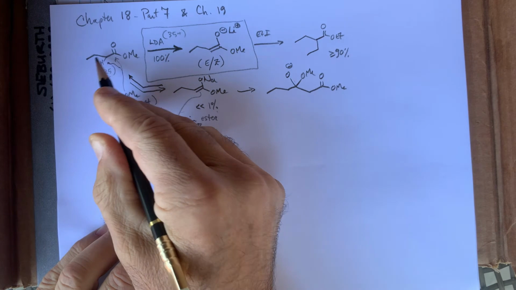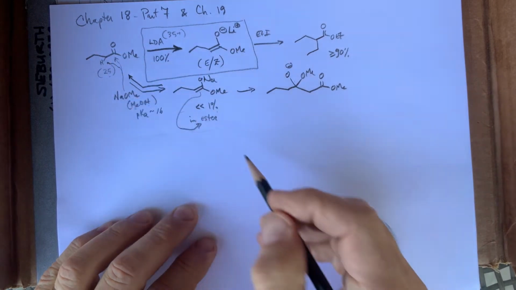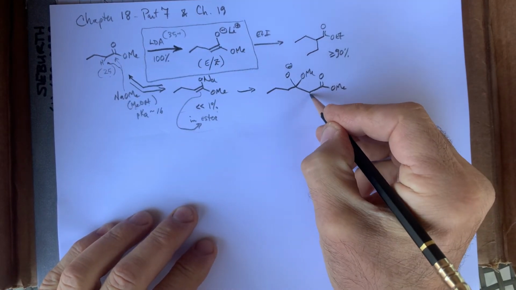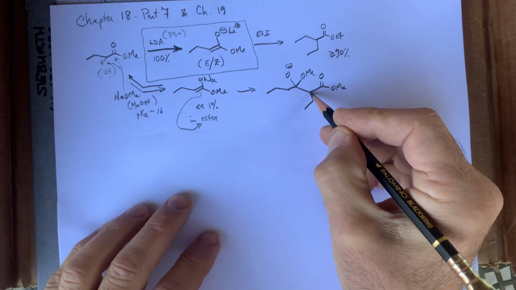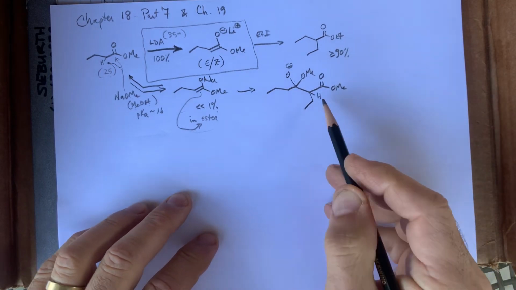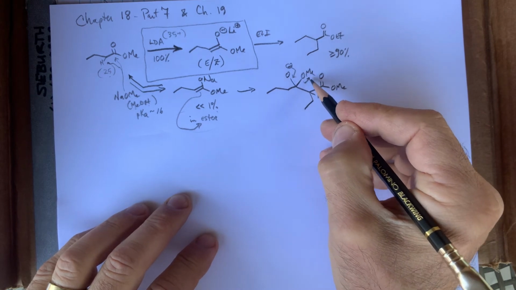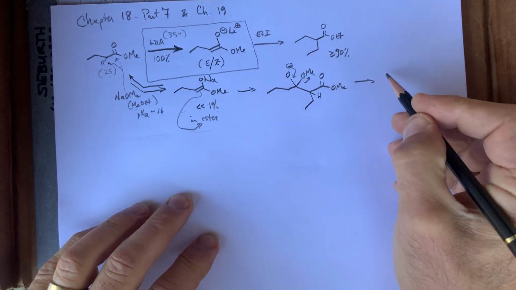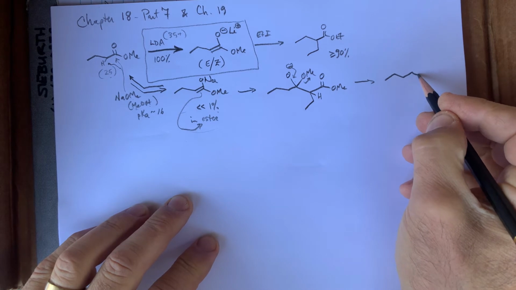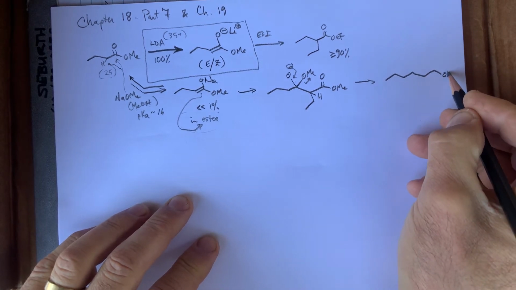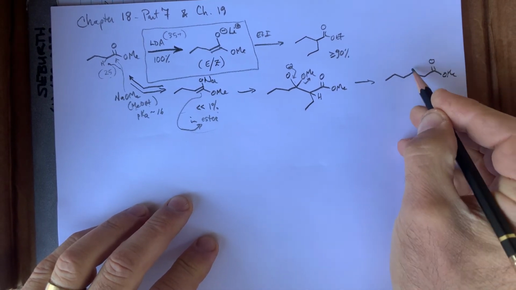Right, so this is methyl butyrate, 1, 2, 3, 4. So we have addition, and then of course methoxide leaves.